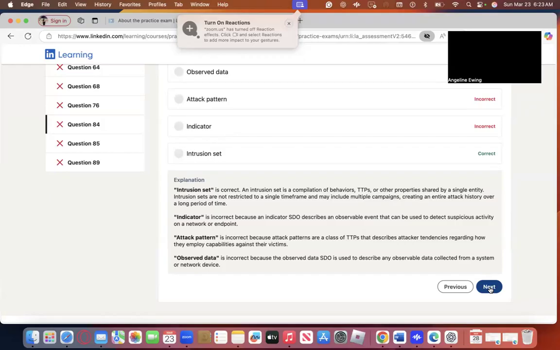Attack patterns are a class of TTPs that describe attacker tendencies regarding how they employ capabilities against their victims. And the observed data SDO is used to describe any observable data collected from a system or network device.